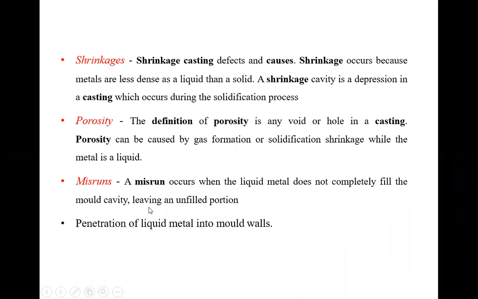So I had told you, misruns usually occur when a proper amount of molten metal is not taken into the gate. When you stop supplying the molten metal, whatever you had supplied inside is not sufficient to fill up the part.